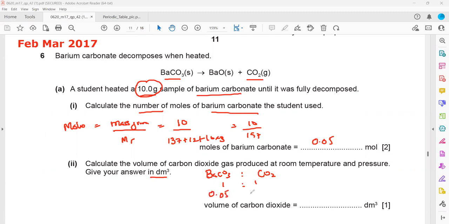If we have 0.05, this will be X mole, so that will be 0.05 mole. Now moles equal volume of the gas divided by 24. So 0.05 times 24 is 1.2. And that will always be in decimeter cube, because if it was in cm cube, it would be 24,000. So this is 1.2 decimeter cube.